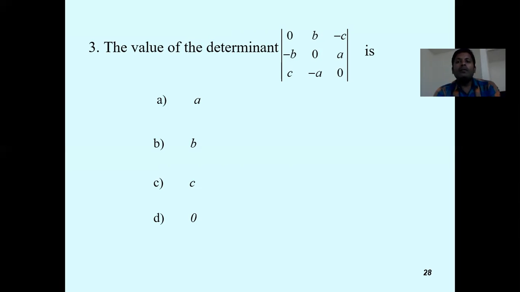And also the second element, b, the corresponding row and column neglected, we write minus b, a, c, 0. And the remaining, minus c, into the corresponding row and column neglected: minus b, 0, c, minus a. What is the answer we get here? 0. 0 multiplied by anything will be 0.